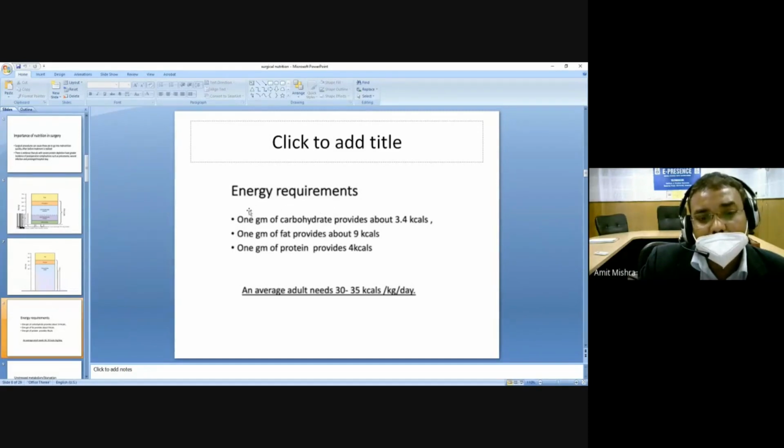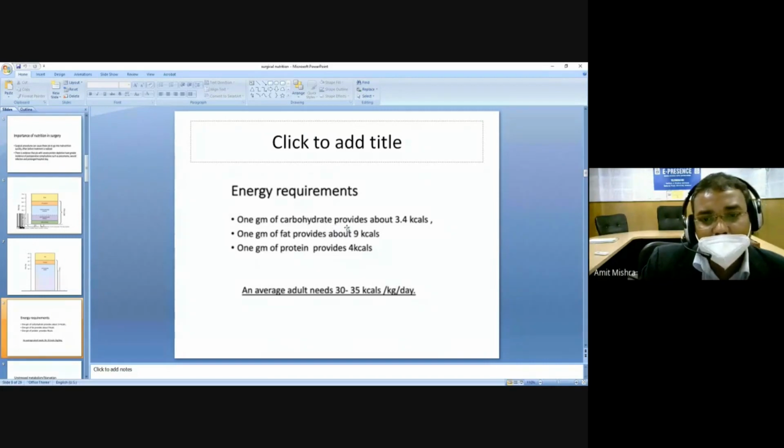To calculate it, we should know that 1 gram of carbohydrate provides approximately 3.4 kilocalories.